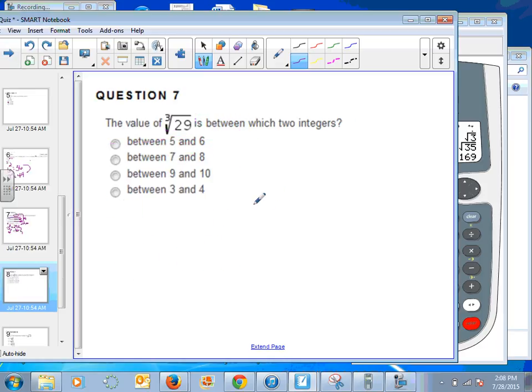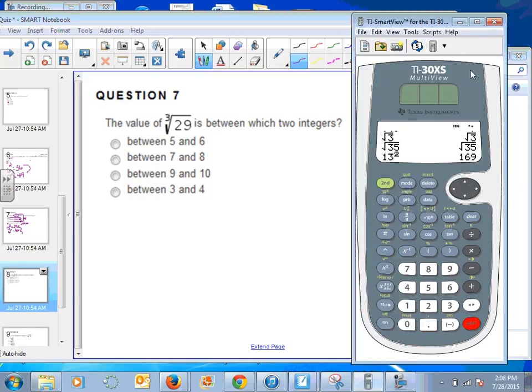The value of the third root of 29. We might as well come back over here to the calculator, it might be easier. The third root of 29 is 3.07, so it's between 3 and 4.